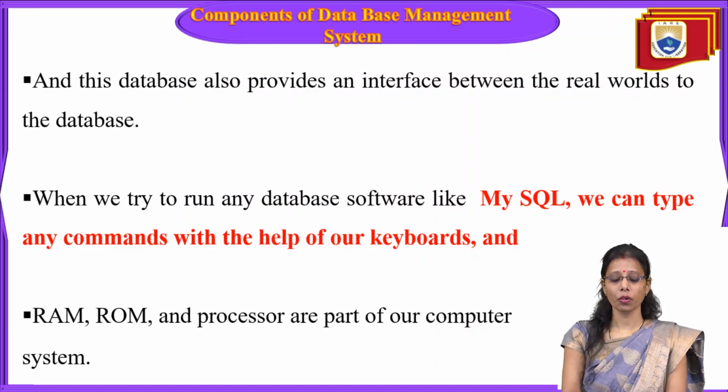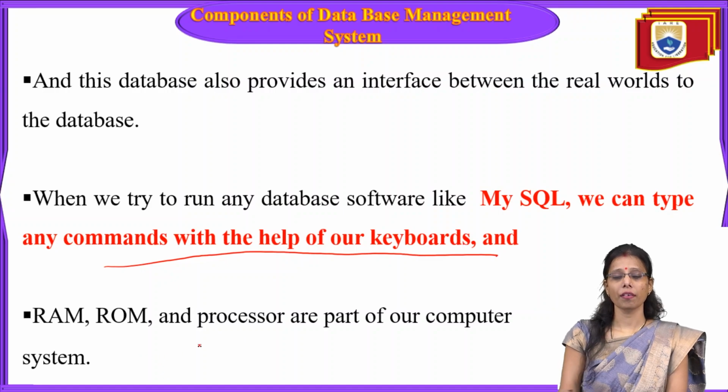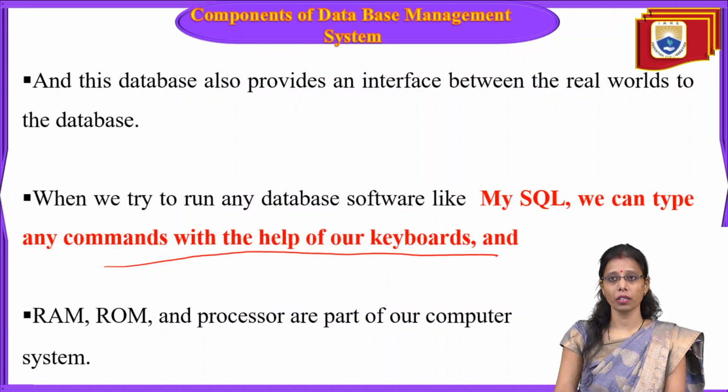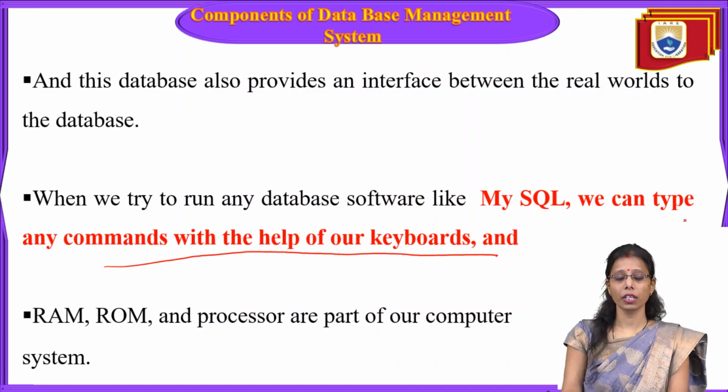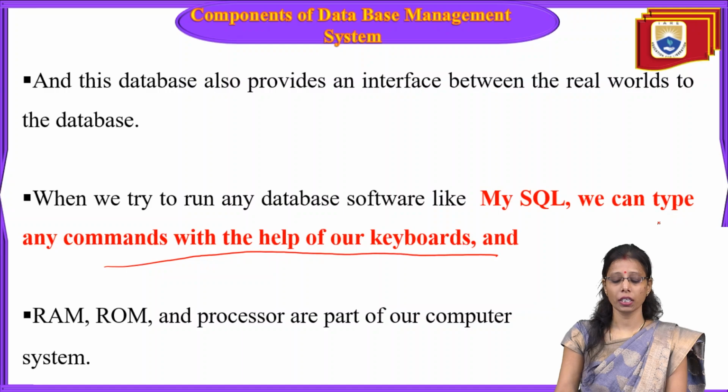So when we try to run any database software like MySQL, we can type any commands with the help of our keyboards, and RAM, ROM and processor are part of our computer system. So we need all these hardware components if we use software like SQL or any kind of RDBMS software. We have to give some commands with the help of the keyboard.